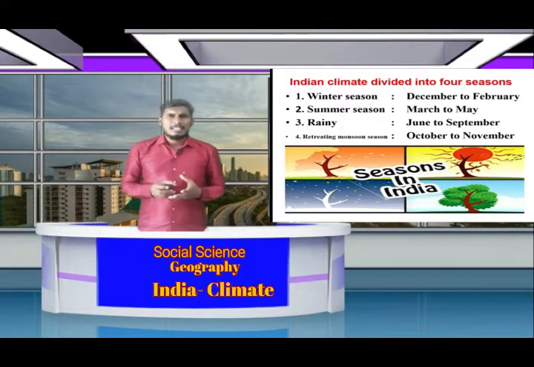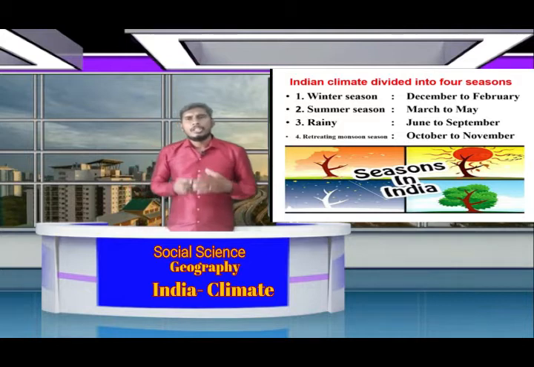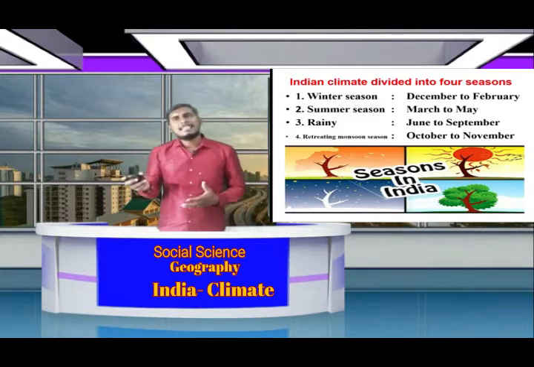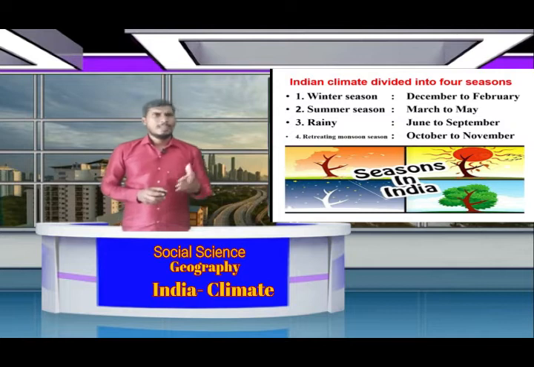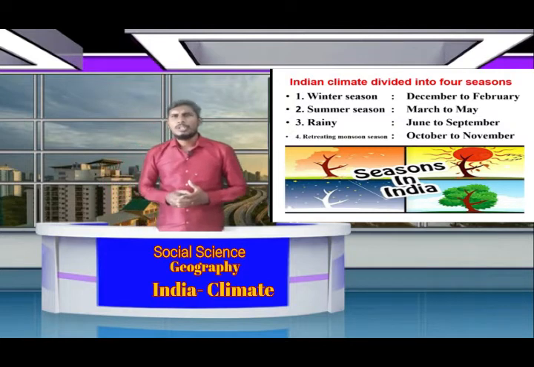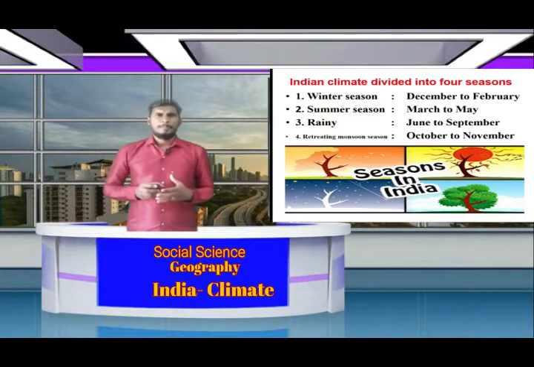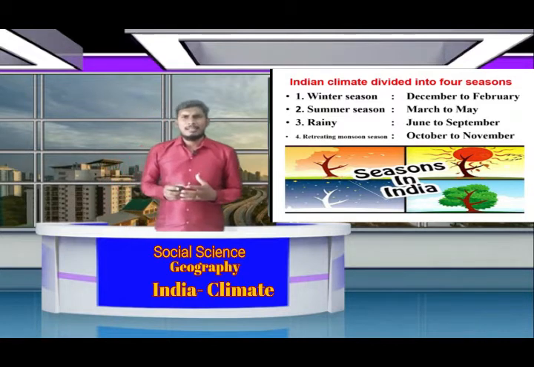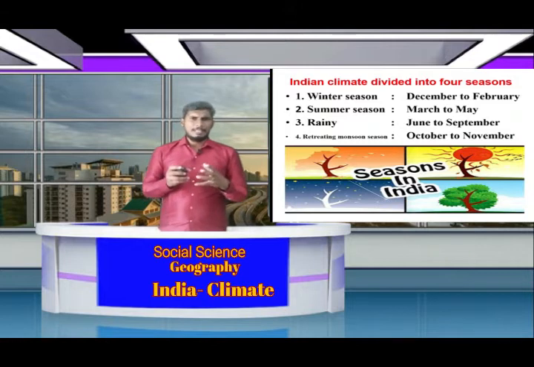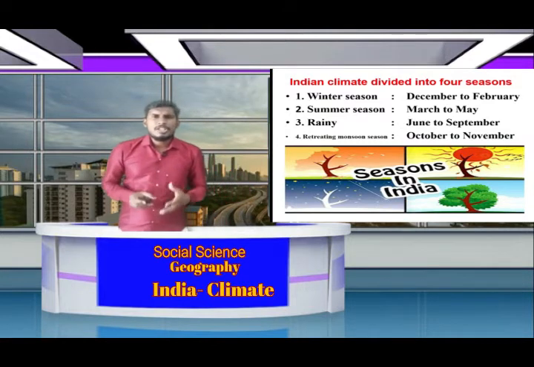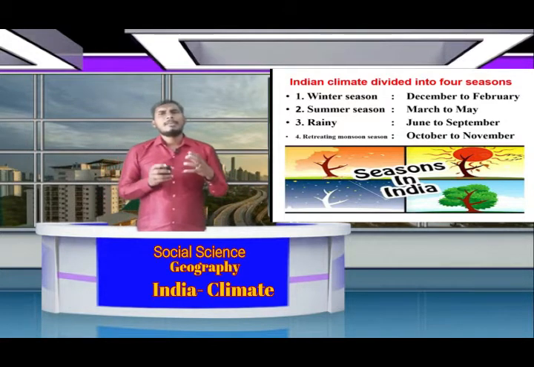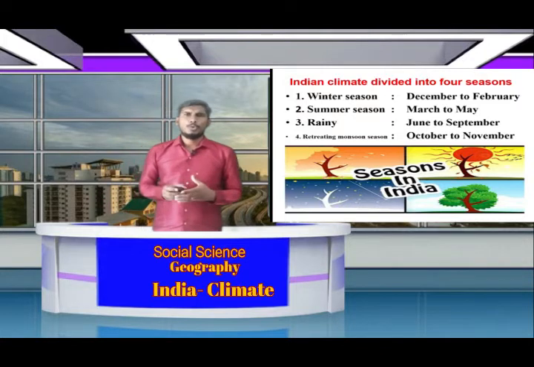The winter season starts from December and ends in February. As you can see on the board, the summer season is from March to May, the rainy season from June to September, and the retreating monsoon season is from October to November.